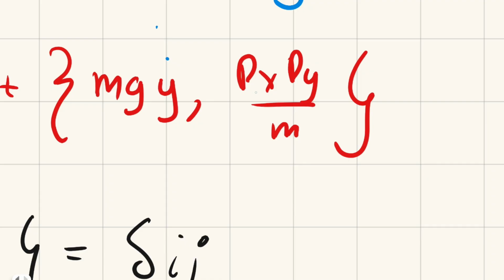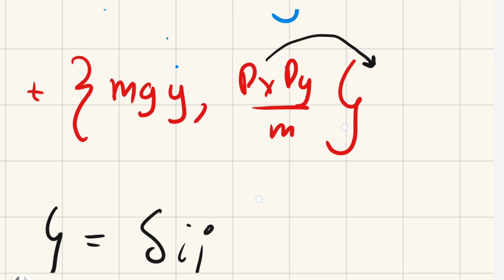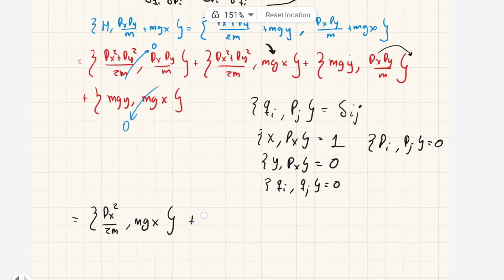So we need to take out the px, and to get the Poisson brackets of y with py, that is going to be equal to 1 times a constant, that we are about to see what constant that is. But the thing here is that we are going to get the px that multiplies the number 1 and a constant. So we are going to take out that px to get plus px here. And that constant that I mentioned is mg divided by m, but we can cancel the m to get g here.